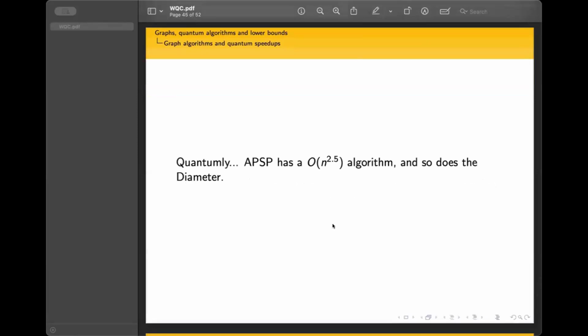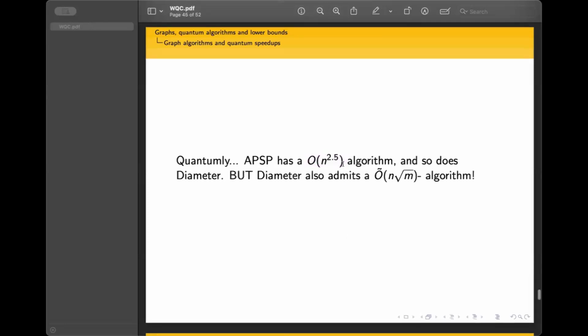So in the quantum setting, going back to quantum algorithms, all pairs shortest paths, as I mentioned, admits a slight speedup, so it can be solved in n to the 2.5 queries. So quantumly, it follows that you can solve the diameter also in the same number of queries. So this is obvious.